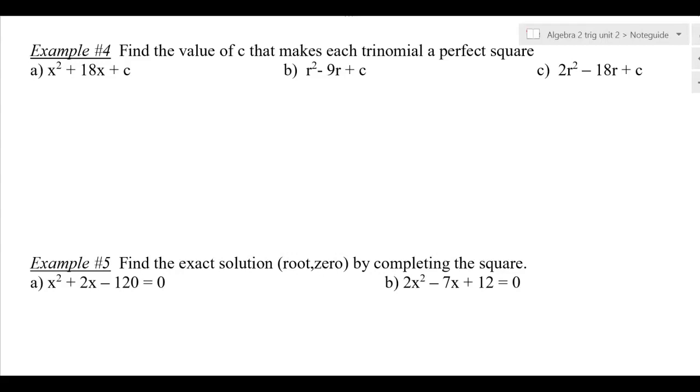I wrote it so that it factored perfectly as (x plus 6) squared. When you complete the square, you're deciding what this constant should be in order to make it factor as a perfect square. That is literally the entire purpose of completing the square, so that you can solve by taking square roots, and you cannot do that unless you make a perfect square. Is that okay with everyone?